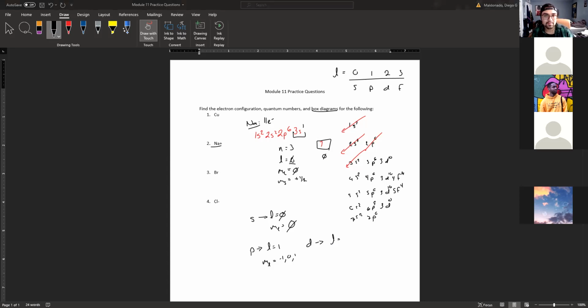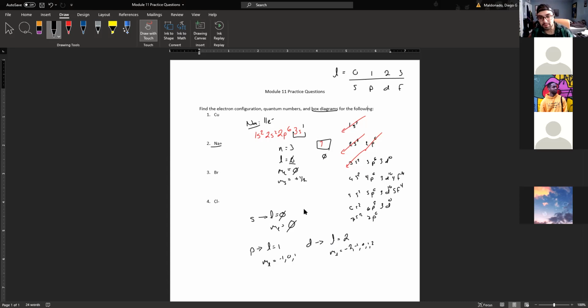It'll be 2. And what are my possible values for ml? It's the range from -2 to 2. So -2, -1, 0, 1, and 2.